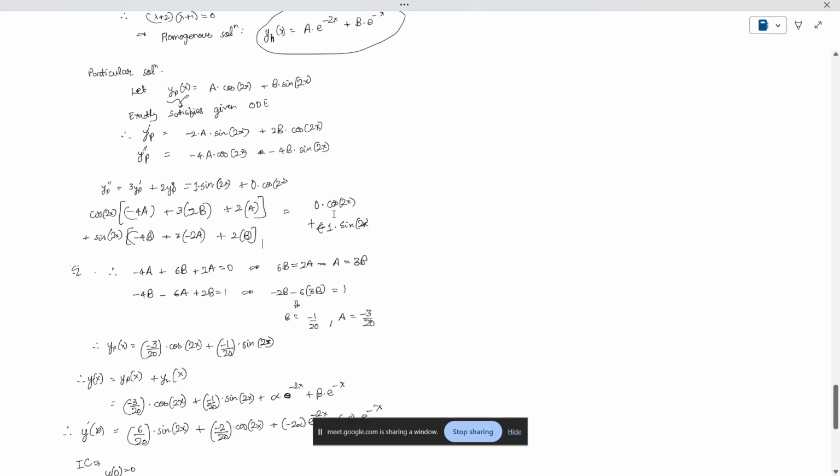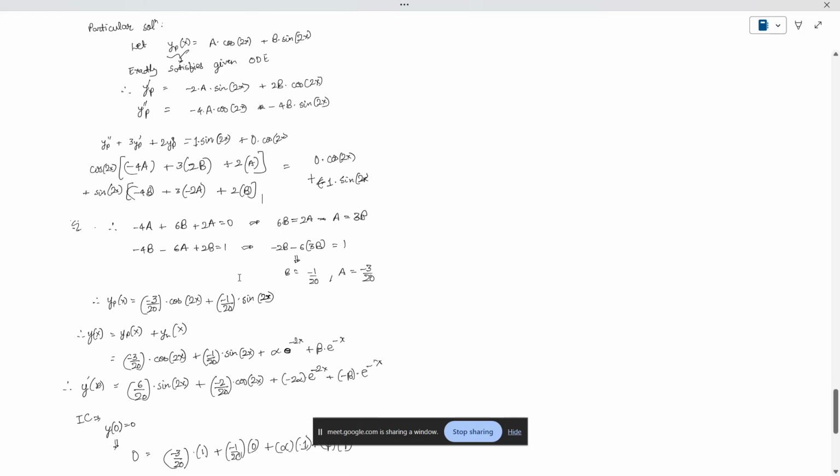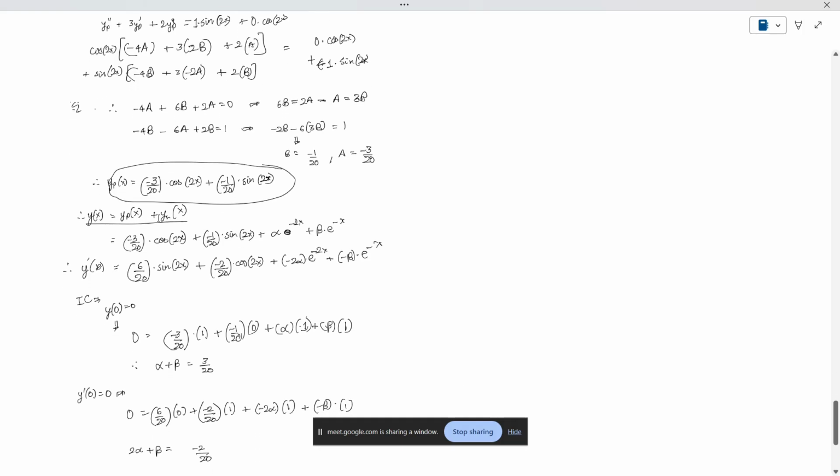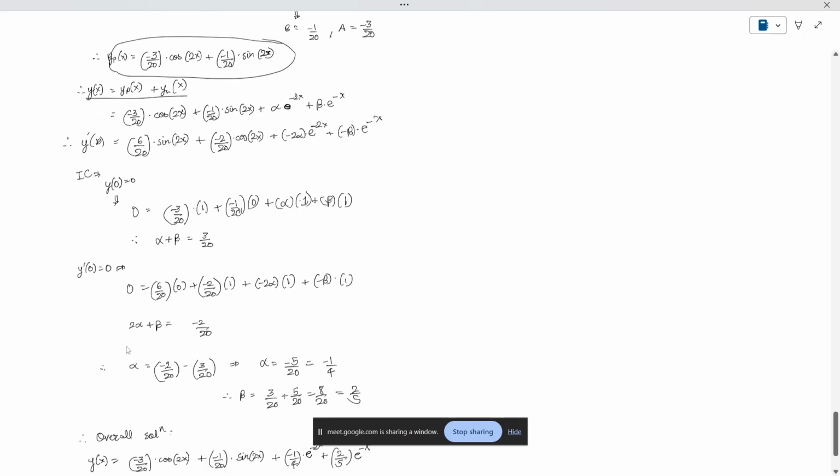If we look at these equations and rearrange them, we essentially end up with two equations for the two coefficients capital A and capital B, giving us a particular solution of the form yp of x equals minus 3 by 20 times cos 2x plus minus 1 by 20 times sine of 2x. My general solution is then written as the sum of my particular and homogeneous parts of the solution, in which I now substitute my initial conditions y of 0 is 0 and y dash of 0 is 0.